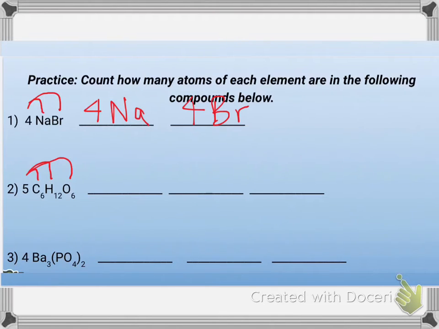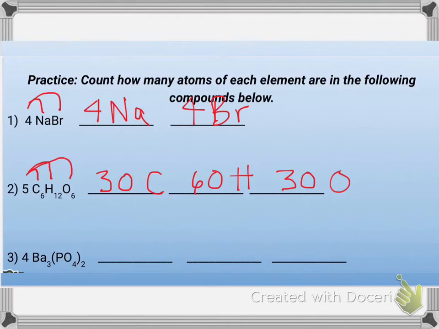Okay, so for carbon, we have 5 times 6, so that's going to be 30 carbons. For hydrogens, we have 5 times 12, which is 60. So that's 60 hydrogens. And for the oxygens, we have 5 times 6 again, which is 30. So that's 30 oxygens.